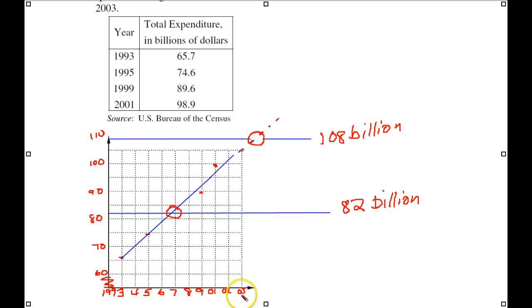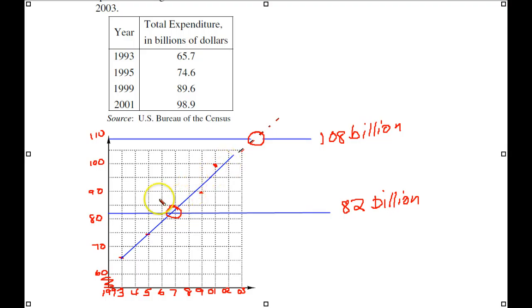So this goes up to 2003. We only have data though to 2001. And I've sketched the data in there. Again, these dots aren't exact, but you can see that I took a line and sort of went through and averaged. This is called linear regression.